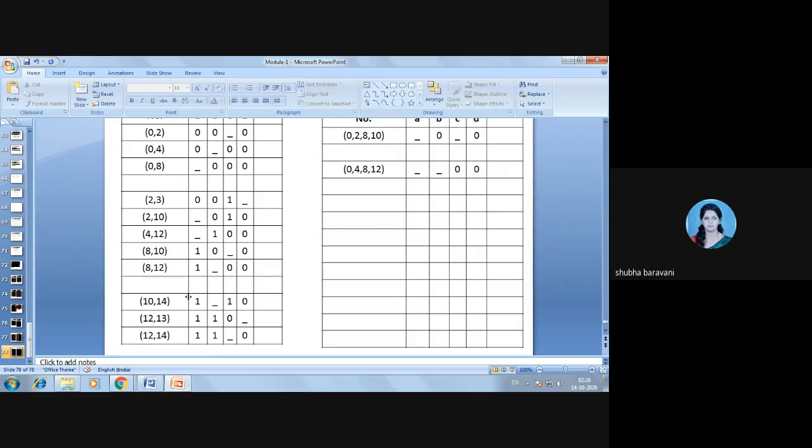With this, no. Okay. 8, 10, 12, 14. 1, dash, dash, 0. 10, 12, 14.